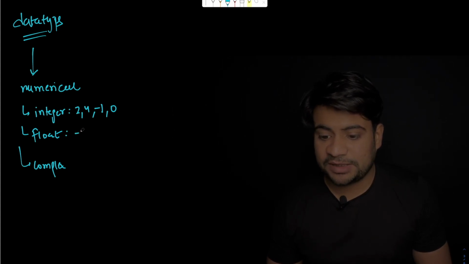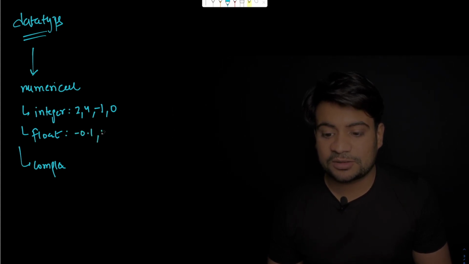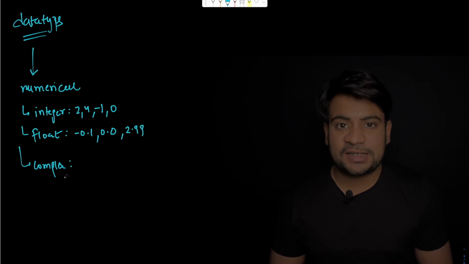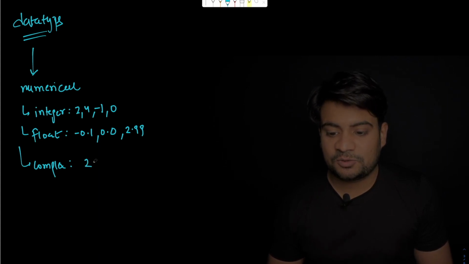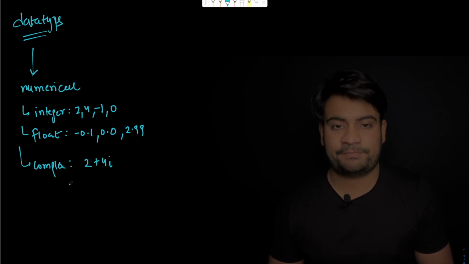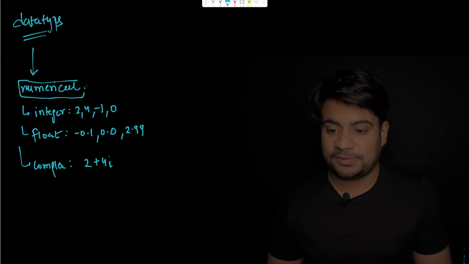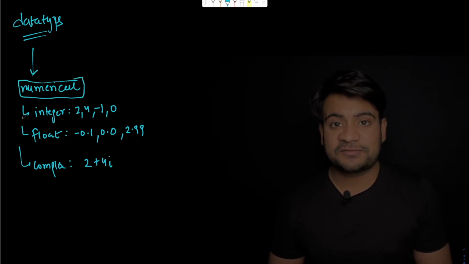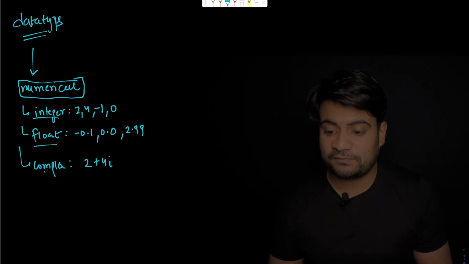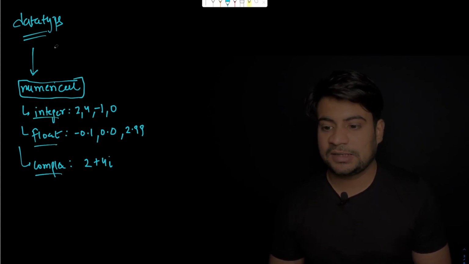So it can be -0.1 or 0.0 or 2.99. Complex data types contain imaginary numbers like 2 plus 4 iota. So this is numerical data type. And in numerical data type classification, we have integer, float, and complex data types.